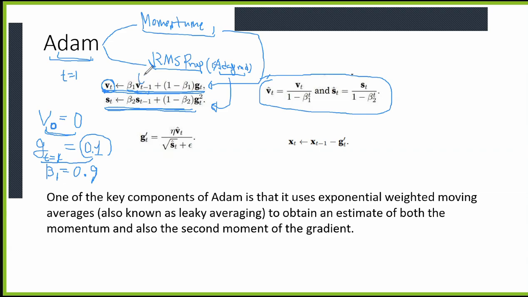V0 would be 0, so this term would be basically 0. And the true gradient at t equals 1 is 0.1. But because of the beta, 1 minus beta will lead to 0.1, so in the earlier training, this term will become 0.01.